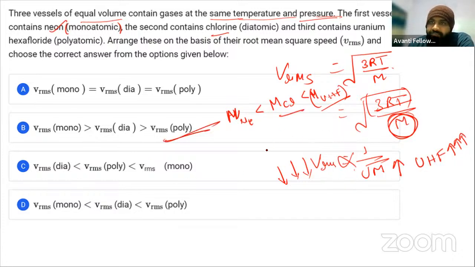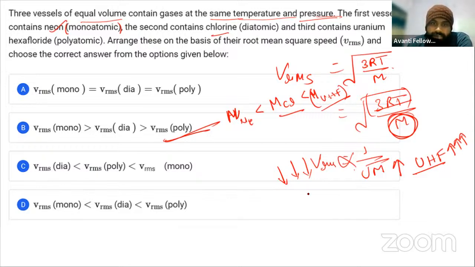Then chlorine is intermediate. So it has a VRMS greater than UF6, uranium hexafluoride, and less than neon, because neon has the least mass, the least atomic weight.